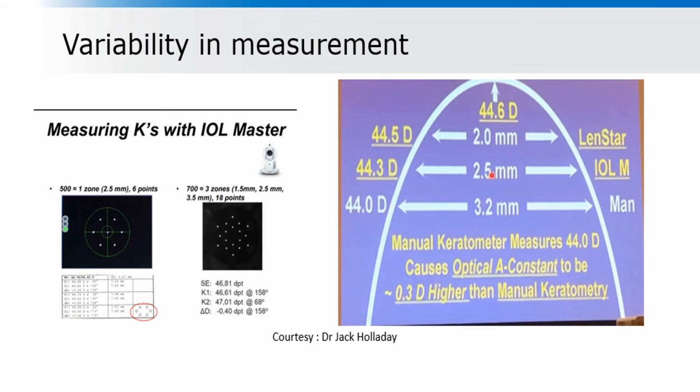So the closer we measure towards the corneal vertex, the more likely we land up with steeper values. As a result, when we move from manual keratometry to optical biometry, the A constant is higher, and it takes around 0.2 to 0.3 higher A constants to offset the steeper cornea that we measure with optical biometry.